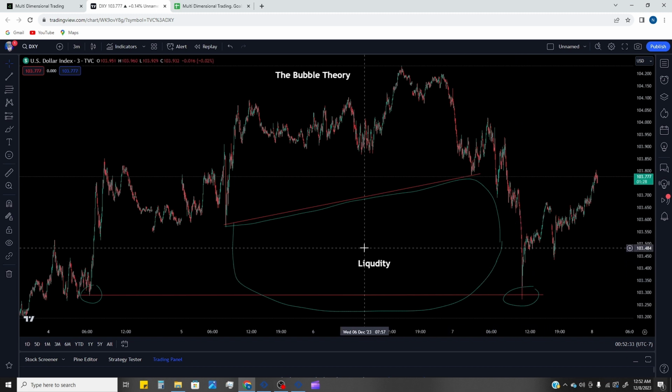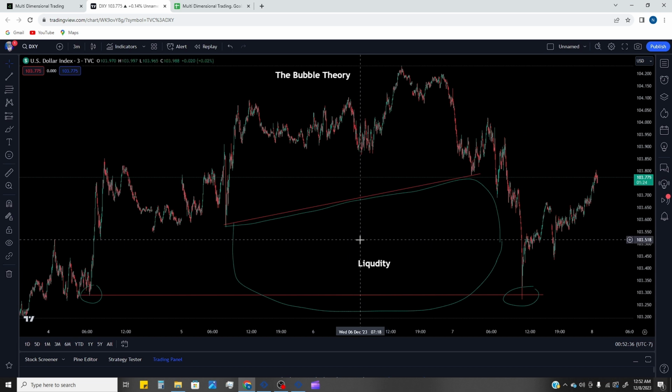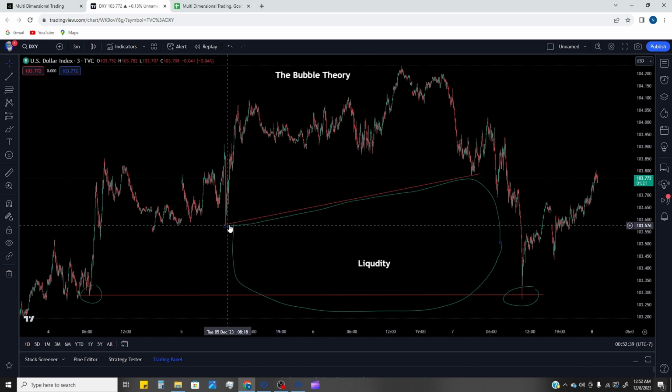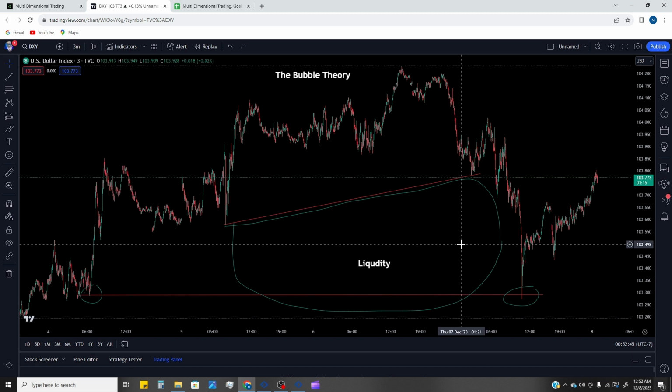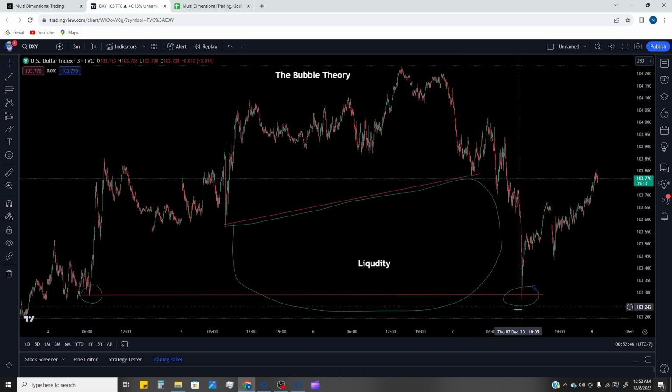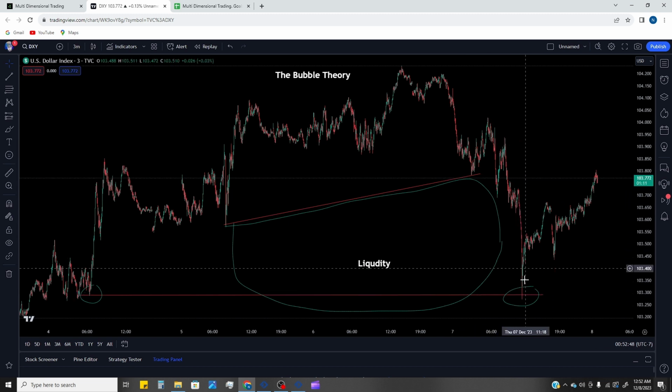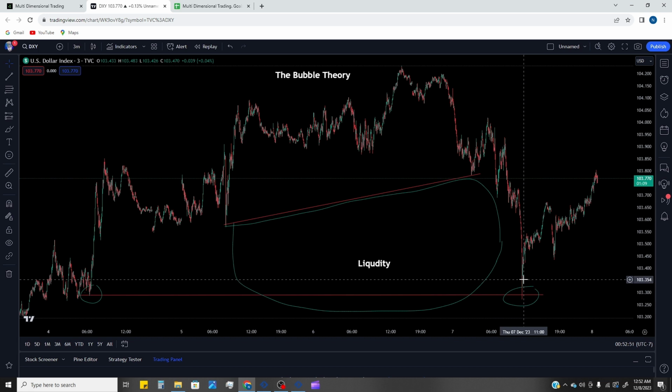The bubble theory is very easy to understand because all markets are normally propped up on one big fat bubble. And at some point, that bubble is going to have to pop. And that's what it does. It always pops.